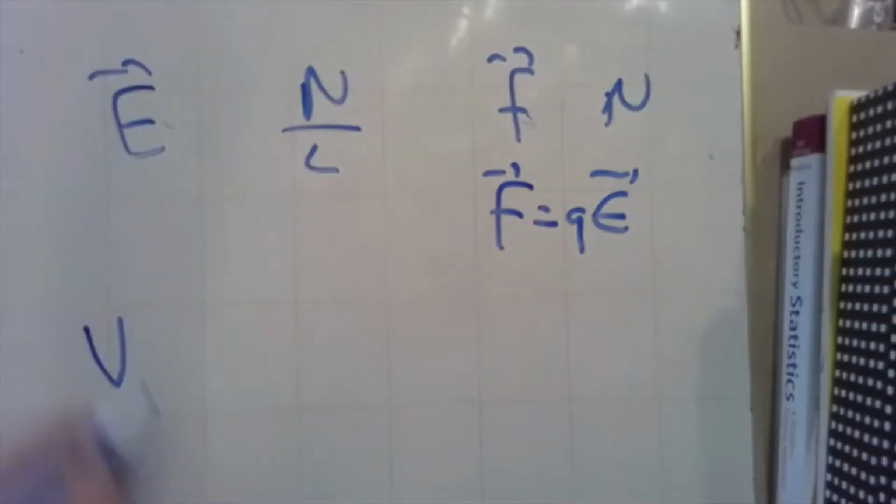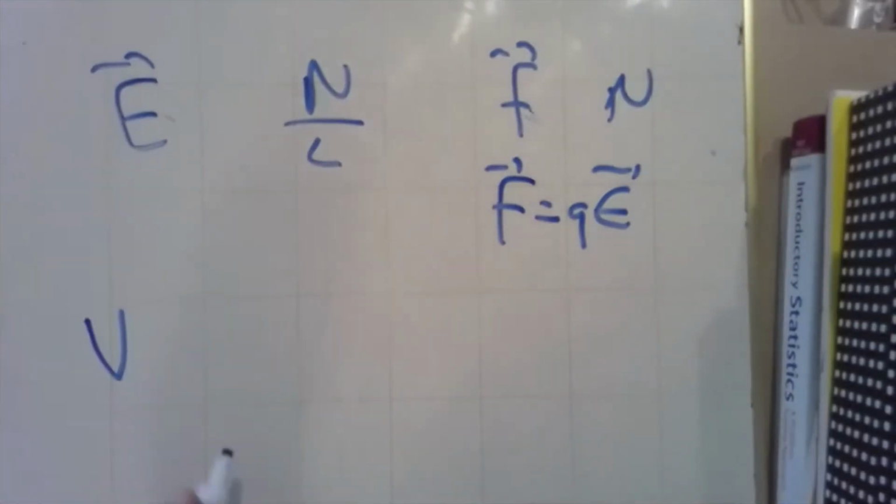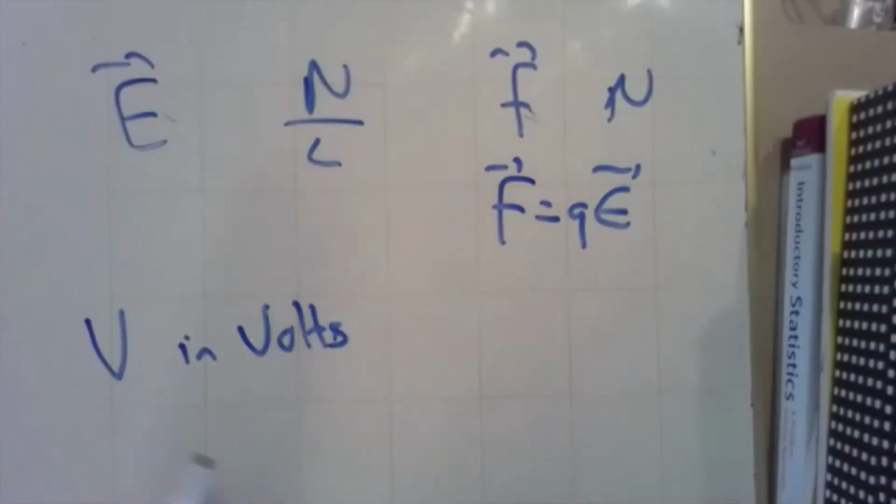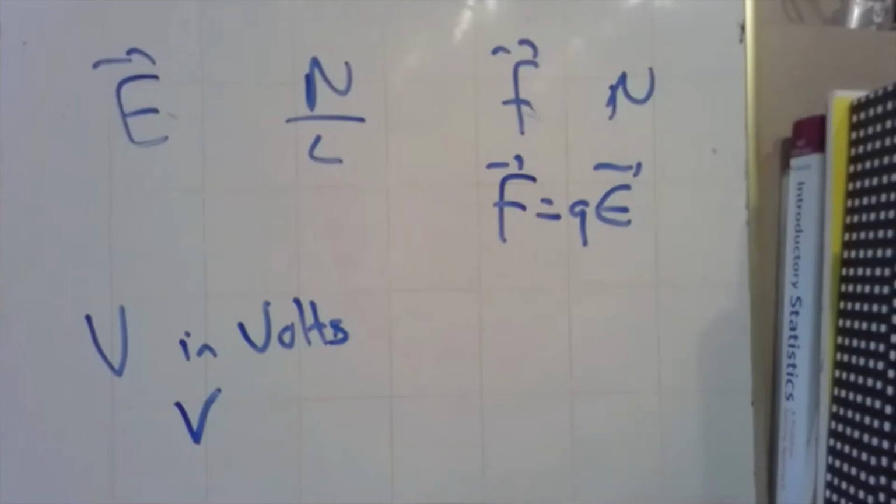We have V, that's our voltage. This is in volts, or V. Now, this is going to confuse you a little bit for the next few weeks. This is the only place I can think of in all of mathematics or all of physics where this happens.